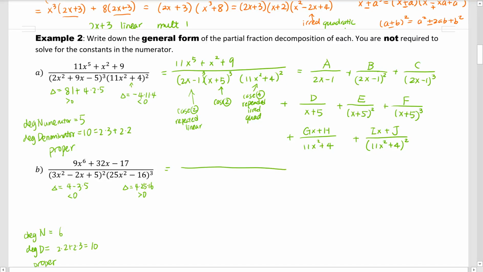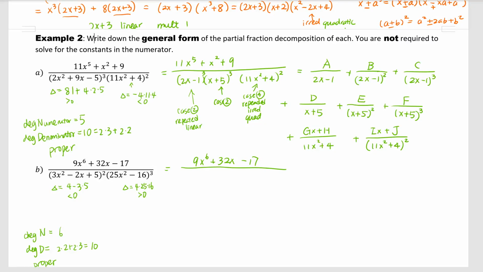So let's see. And you can see in this process, during the setup, we don't change the numerator. Actually, the numerator does not matter. It won't affect the setup, okay? But it will affect the constants. After we set it up and solve, the numerator will affect the values of the constants.